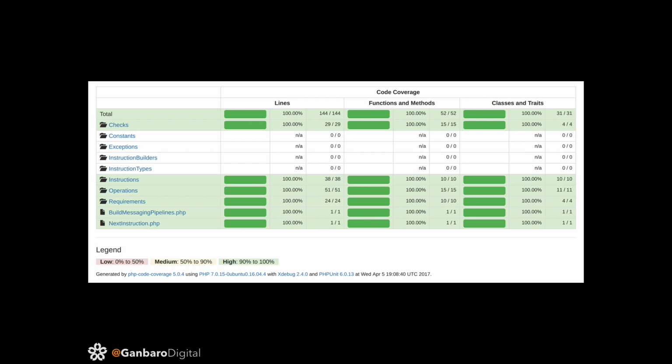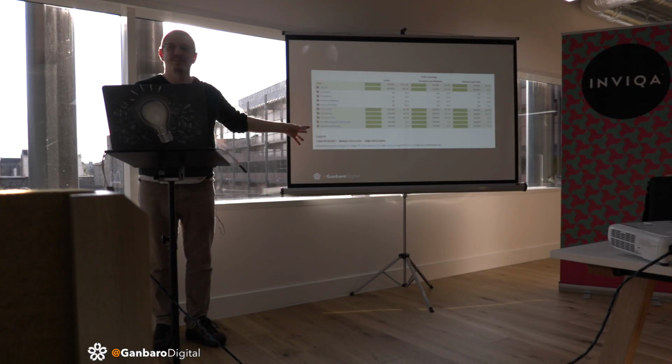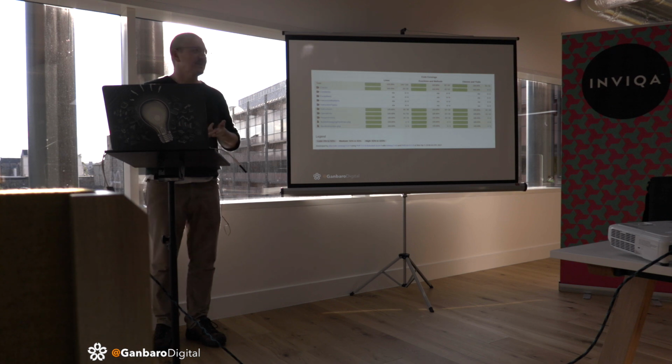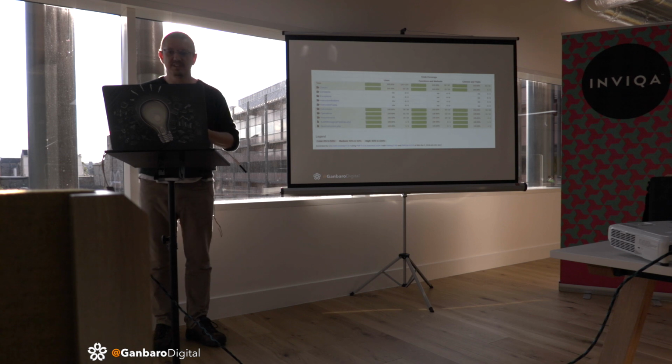This is what code coverage looks like. PHPUnit will generate code coverage reports for you. And it does them in HTML and it does them in machine readable formats as well for you to plug into other tools. Sonar, I think it's called, is a very popular tool people use with that. Jenkins has plugins for this as well, those of you who use Jenkins. And those of you who don't use any build tools, please reconsider.